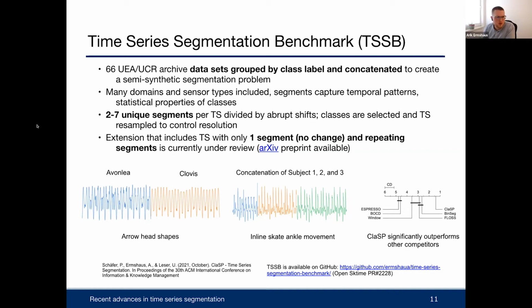So we have excluded time series data sets that are really, really large, because we didn't want time series with millions or a few million data points. And we've made all the design choices, which data sets we chose and what kind of pre-processing we conducted, public.